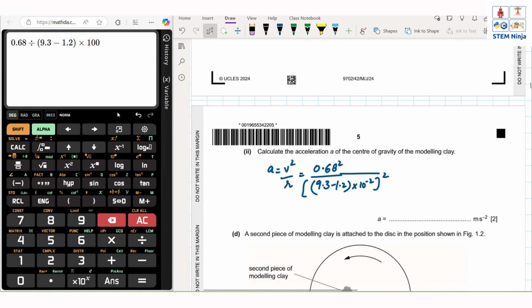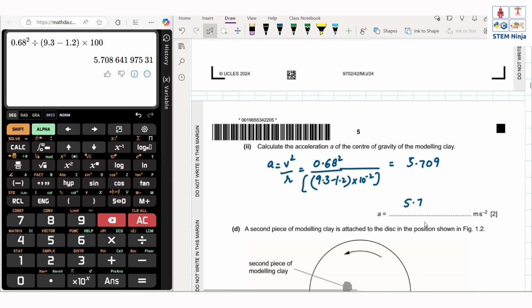Sorry, not this squared. Only 0.68 is squared. So we get 5.709, roughly just 5.7.